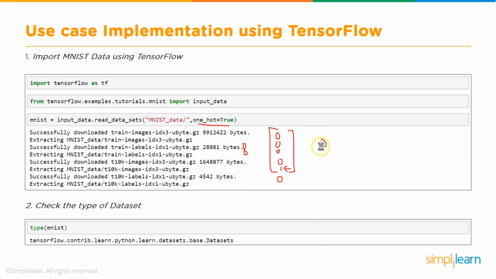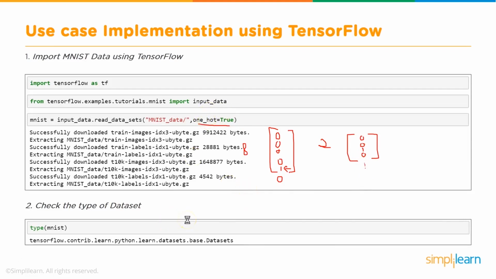Similarly, if you have a 2 here, then the label information will look something like this. You have your labels, and first you have a 0 in the 0 position and a 0 in the first position. The second position will be a 1, which indicates number 2. Then your third position is 0 and so on. So that is the significance of one hot true.